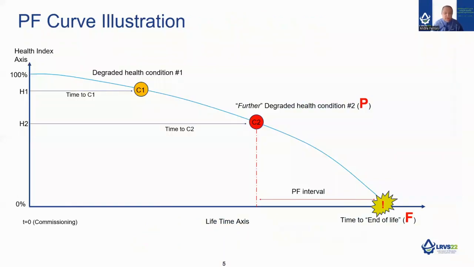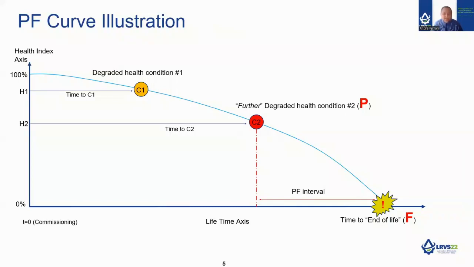Now let's jump directly into what is a PF curve and what it is used for. This is a classical PF curve with asset life consumed on the horizontal axis, or it represents the time since the system started operating.